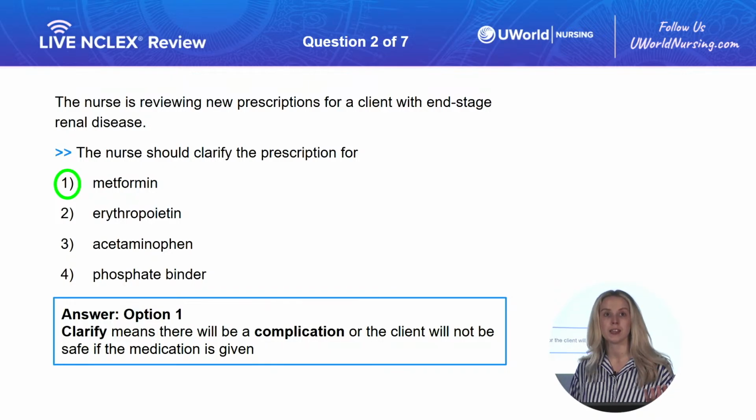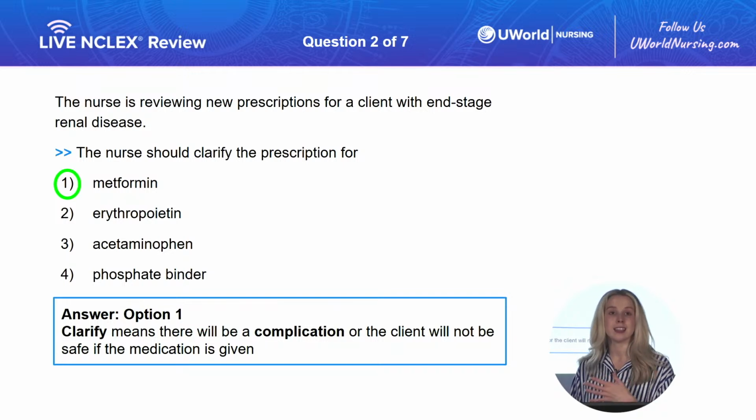So erythropoietin is something produced by the kidneys in a healthy kidney. It stimulates the bone marrow to produce red blood cells. This will be deficient in a client with chronic kidney disease, and especially a client in end-stage renal disease. So we would need to supplement and give it because the kidneys are not able to produce enough of it on their own. This would be correct. 3 is acetaminophen.